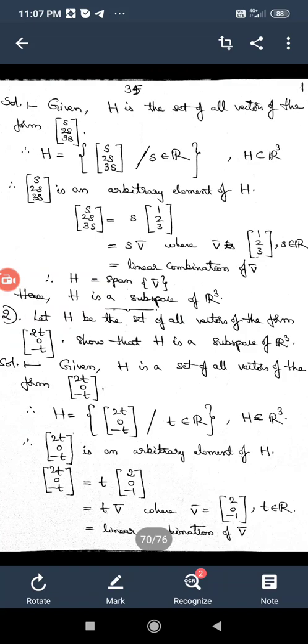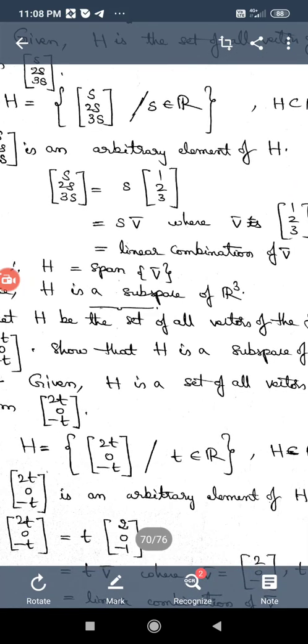As it is a real number, we can treat it as a scalar, so (s, 2s, 3s) is now equal to s v bar, where v bar is a vector and s is a scalar. So s v bar is a scalar multiple. We should say it is a sum of scalar multiples of v bar, and the sum of scalar multiples of v bar is called a linear combination of v bar.